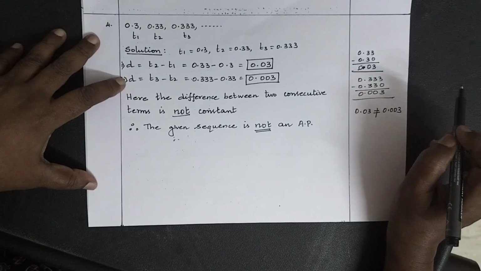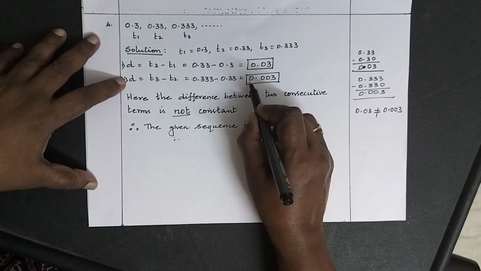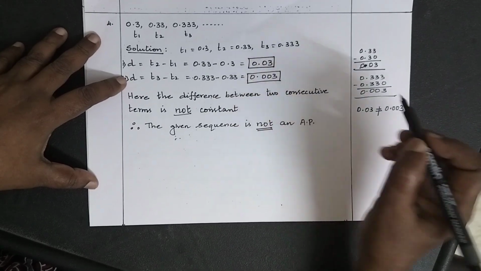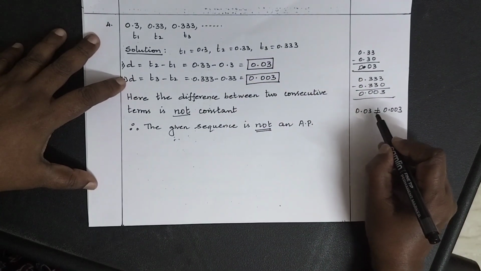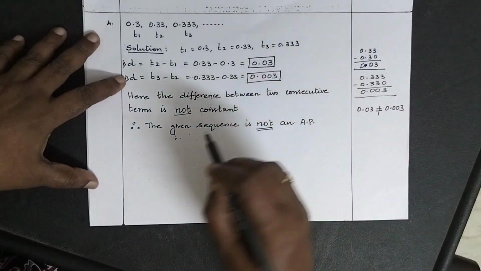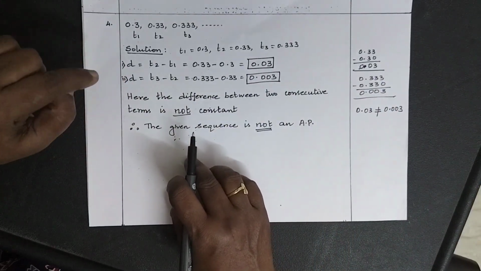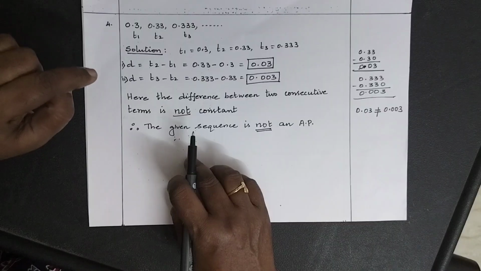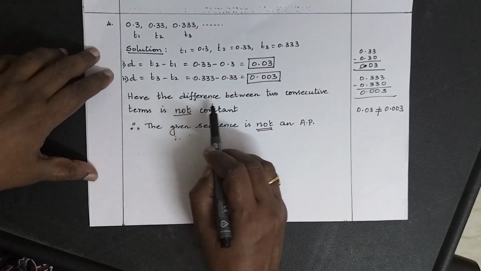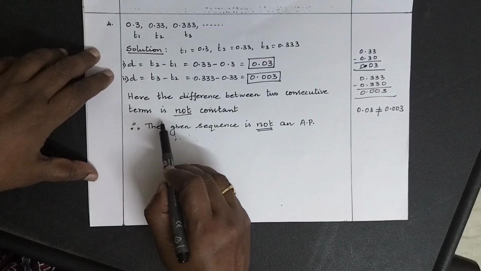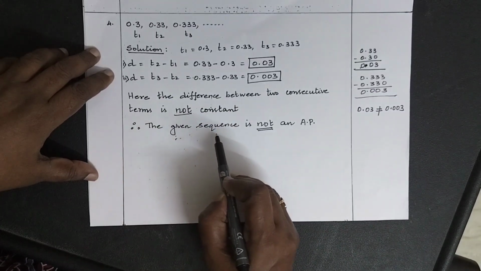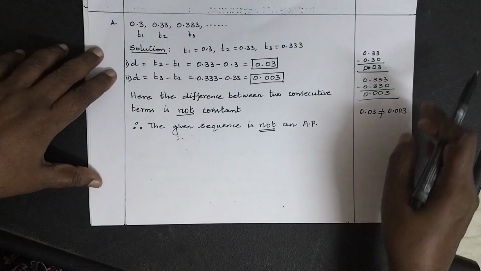Decimal point and 0, so here it is 0.003. But see, 0.03 is not equal to 0.003. So here the common difference is not the same. It is not constant. The difference between two consecutive terms is not constant. Therefore, the given sequence is not an AP.